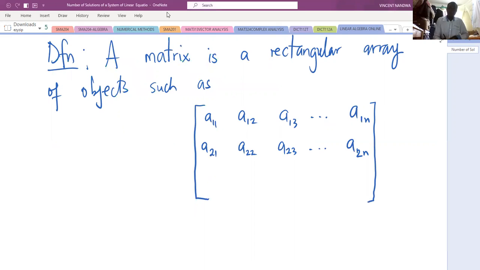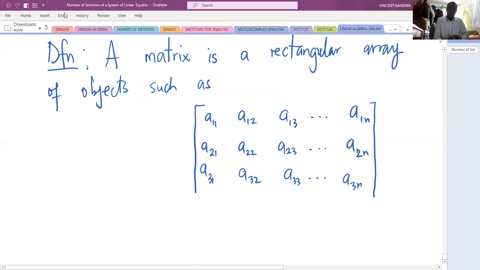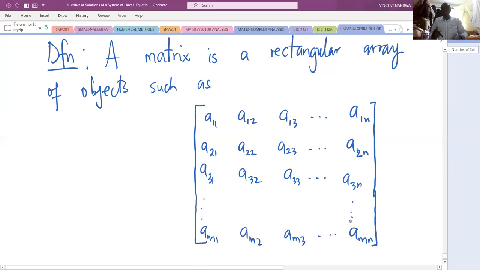Then A31, A32, A33, up to A3n. Up to Am1, Am2, Am3, up to Amn. So this is how we can define a matrix, a rectangular array of objects given in this form.